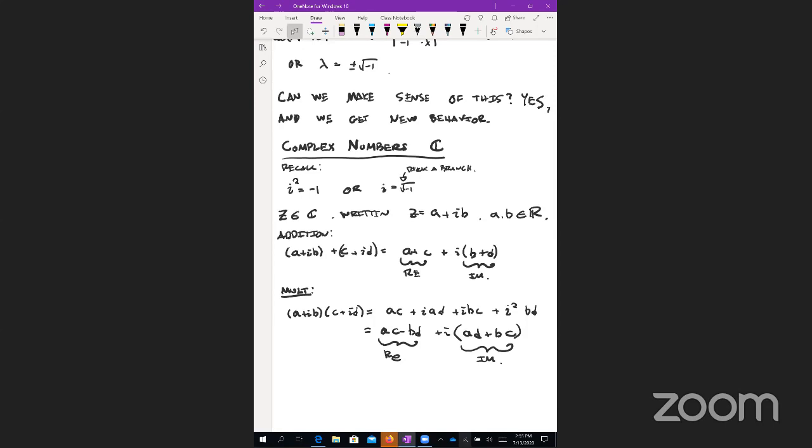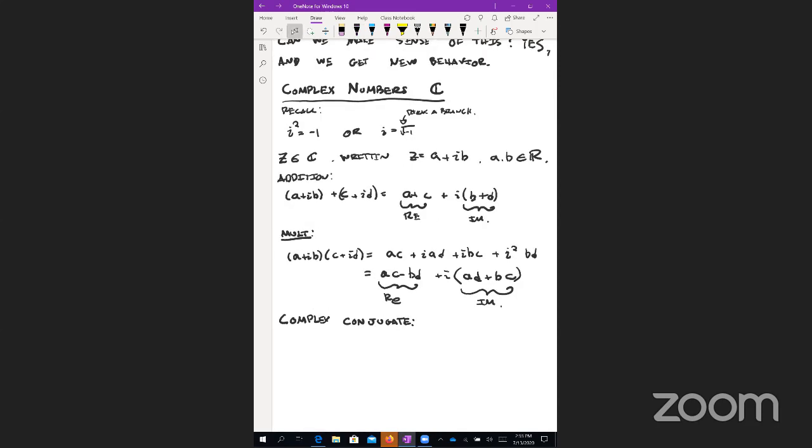So we also have the complex conjugate. The complex conjugate is z bar. Let me be a little bit more precise. If z equals a plus ib, then z bar equals a minus ib.